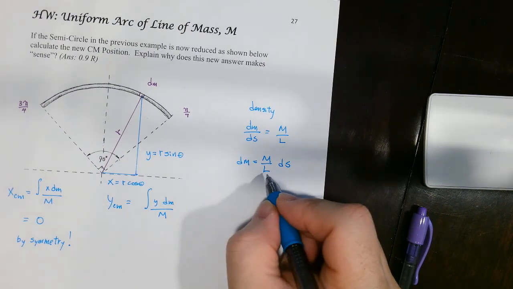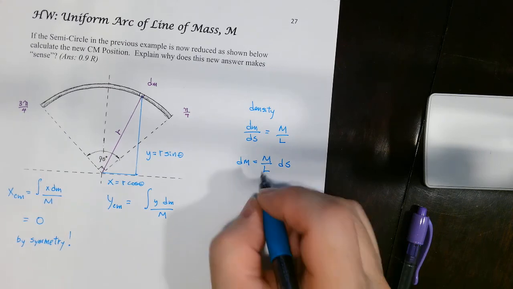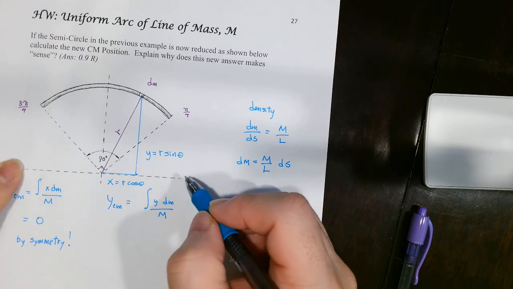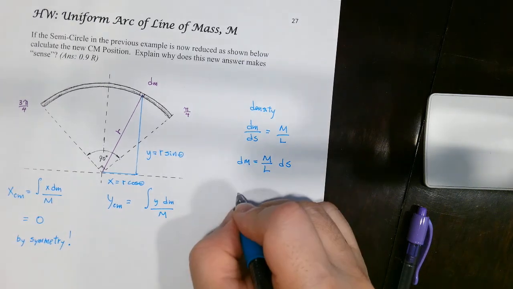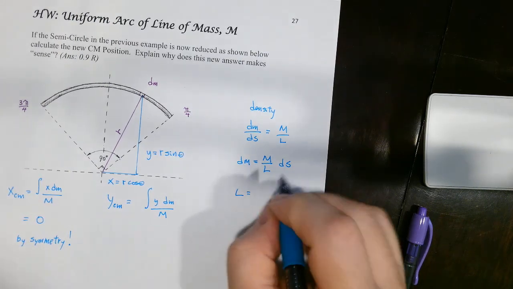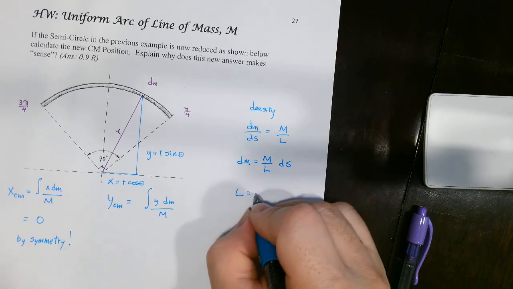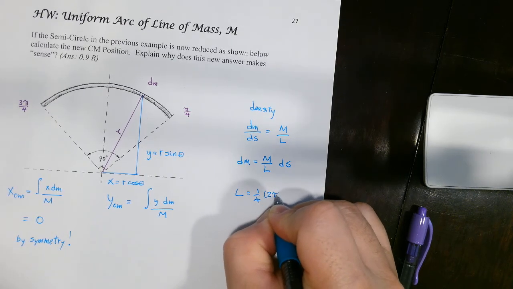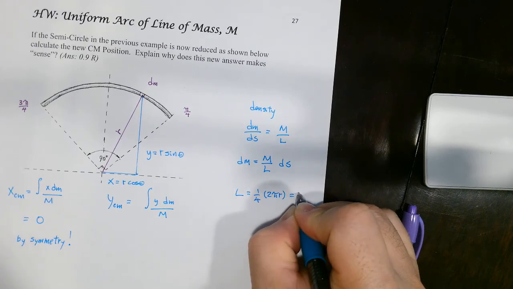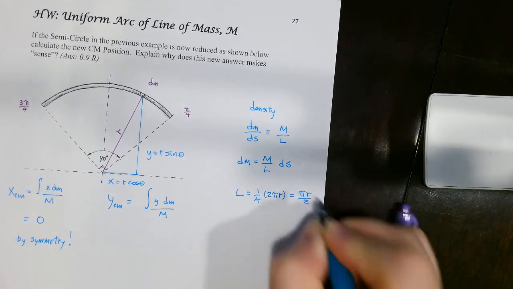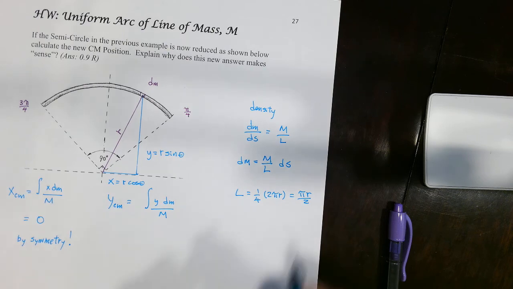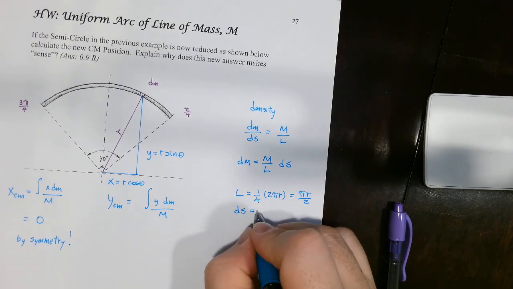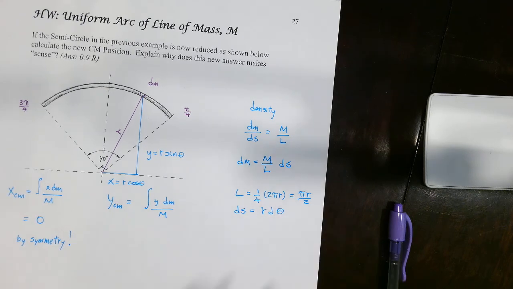But the L is actually half of pi r, so L is equal to 1/4 of 2 pi r, which is pi r over 2, right? And ds is equal to r d theta. So this is good to know.